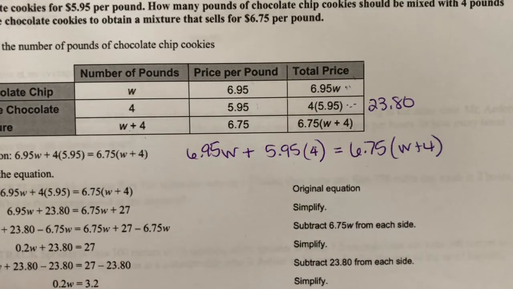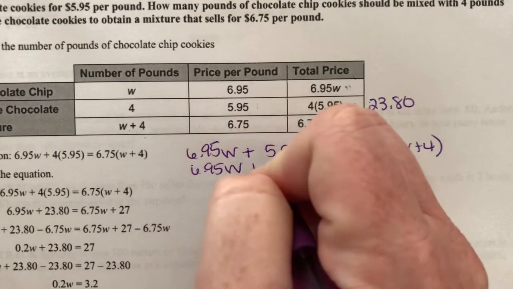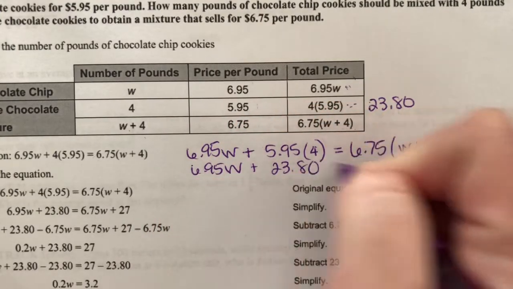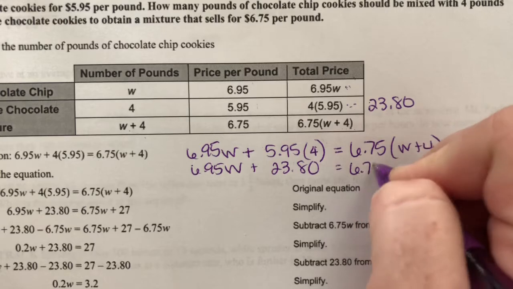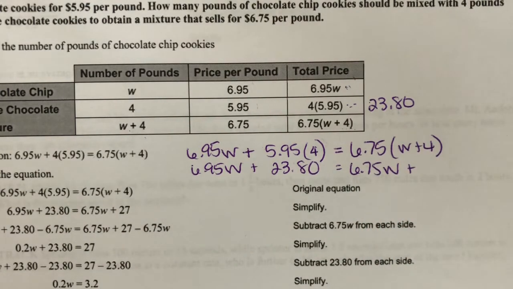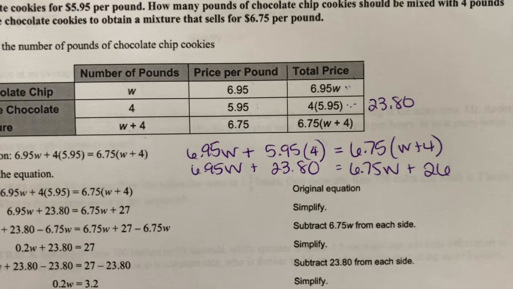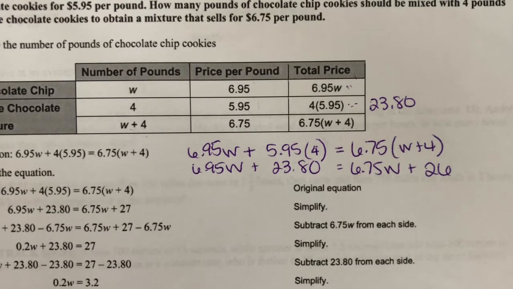Okay, so then when we start solving, we already said this was 2380. So 6.95W plus 2380 equals 6.75W plus 6.75 times 4 is $26. And when did they start solving this?